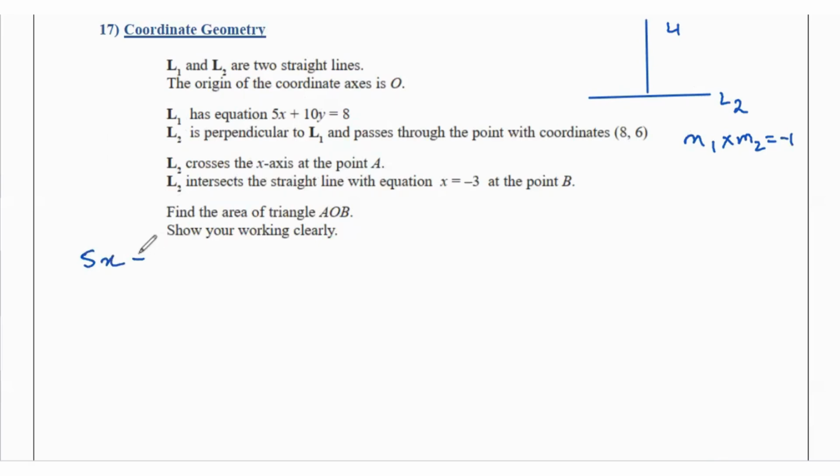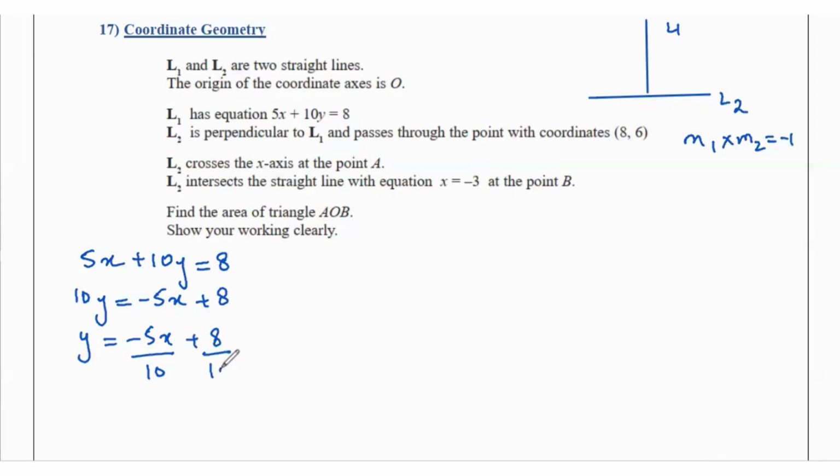So 5x plus 10y equals 8. Let's convert this into slope-intercept form. 10y equals -5x plus 8. y equals -5x over 10 plus 8 over 10, which is y equals -x over 2 plus 4 over 5, which means m1 is going to be -1 over 2.